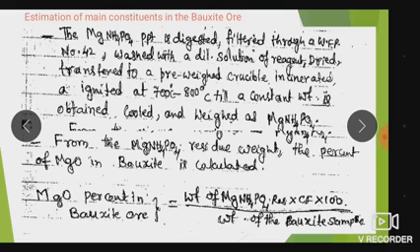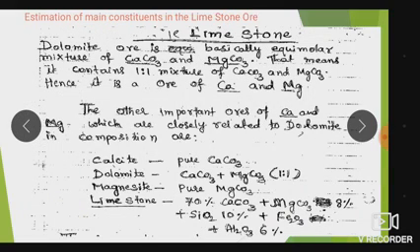From the residue weight, the percentage of magnesium oxide in the bauxite is calculated with the formula: magnesium oxide percent in the bauxite ore is equal to weight of magnesium ammonium phosphate residue into conversion factor into 100 divided by weight of bauxite ore.